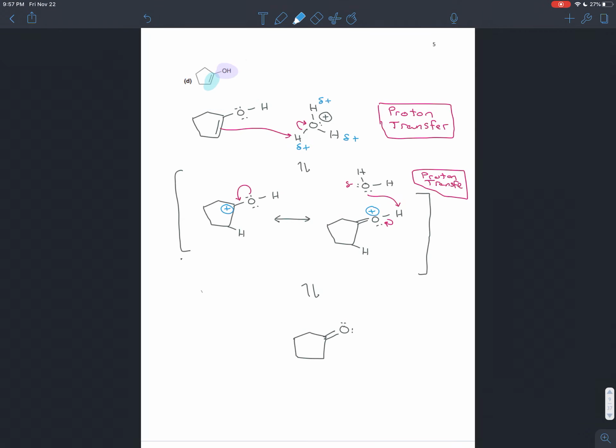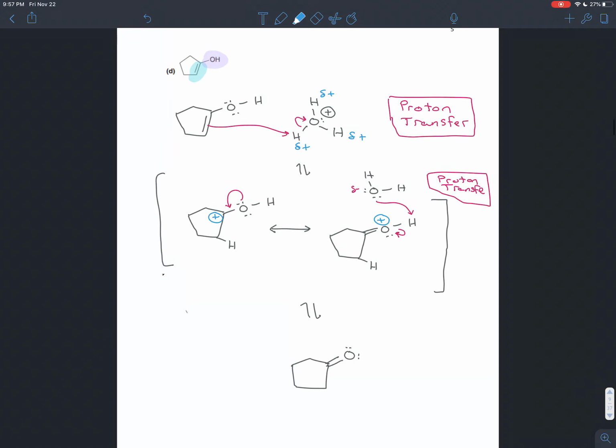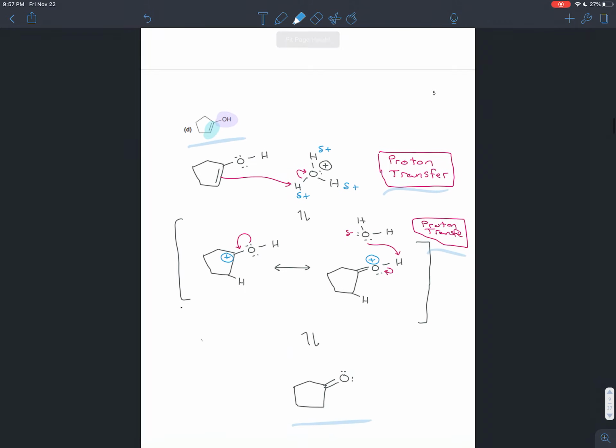We started with an enol, we end with a ketone. Those are tautomers because they only have a difference of the position of one hydrogen. And we made the position of that hydrogen change first by putting a hydrogen on a different position with one proton transfer, and then taking a hydrogen off another position with a second proton transfer. And that turned our enol into a ketone.